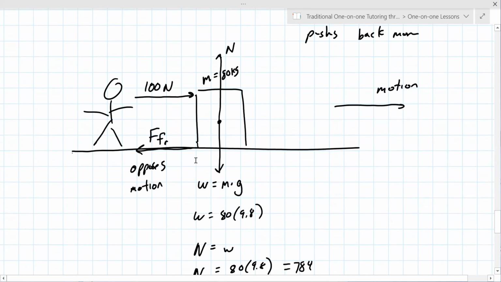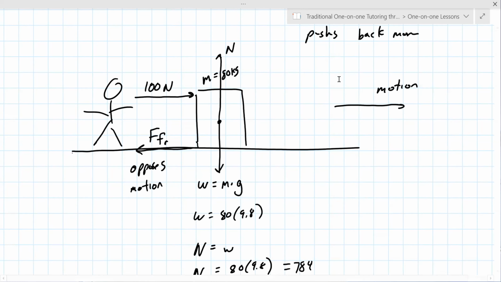Now there's certainly other variables involved, but in the most simplistic case, like you trying to push something across the floor, you have to push with enough force to break that barrier to get it moving.